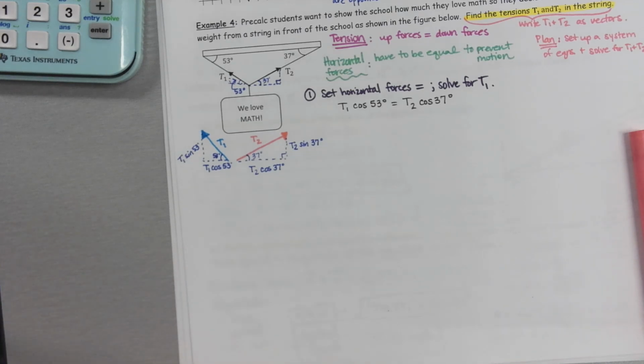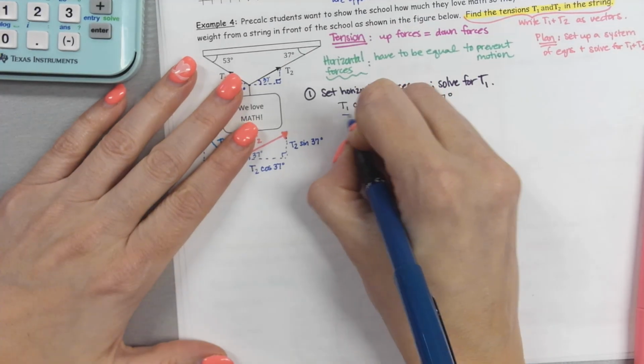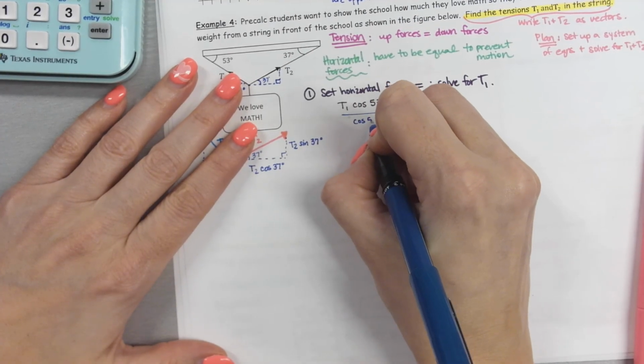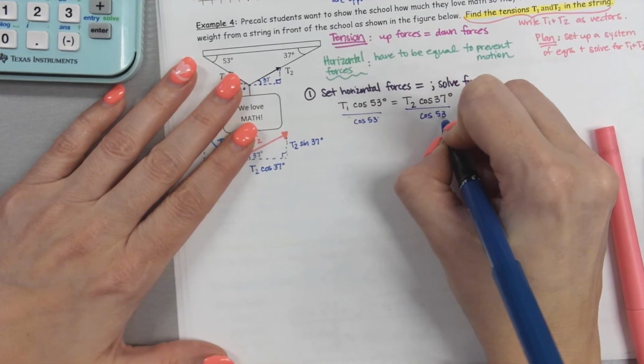Now, in order to do a system of equations, we need to solve for one of the variables in order to do substitution. So I'm going to solve for T sub 1, which means I'm just going to divide both sides by the cosine of 53 degrees.